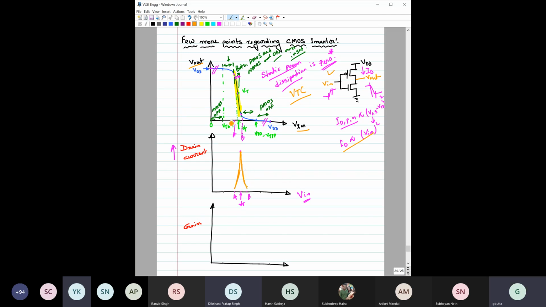What about in this region? It will decrease and go to 0. But in this region, what should be the shape? It will be mostly a straight line, because at least one of the transistors would be in the linear region, and in the linear region it is basically a straight line equation.